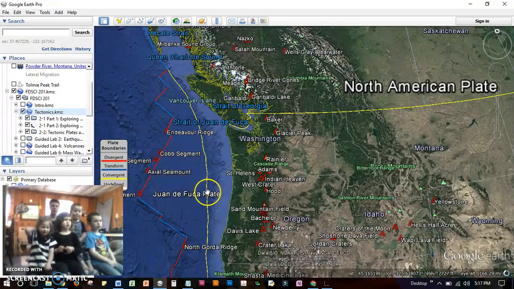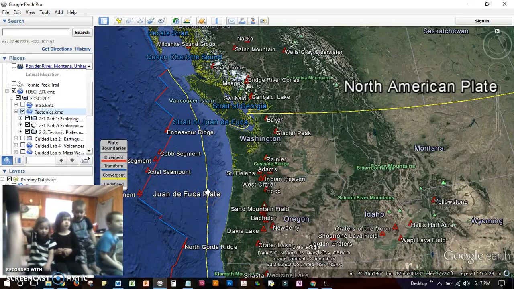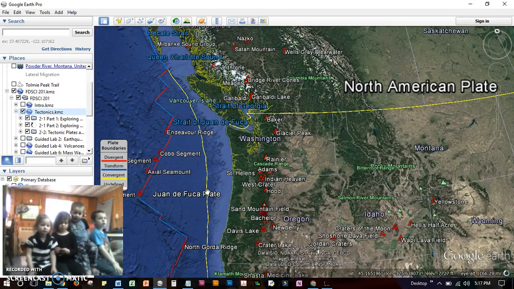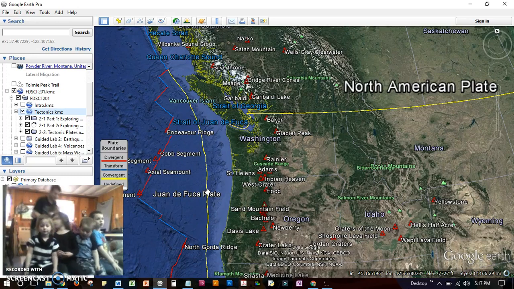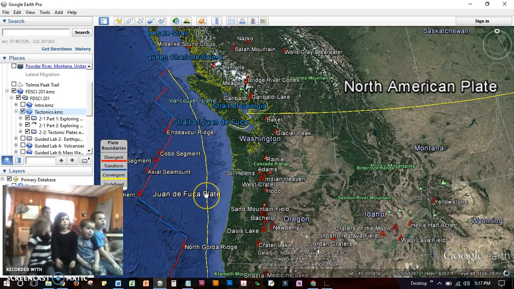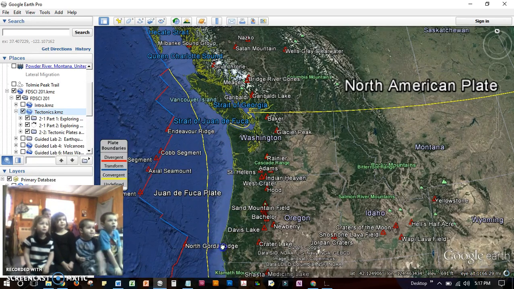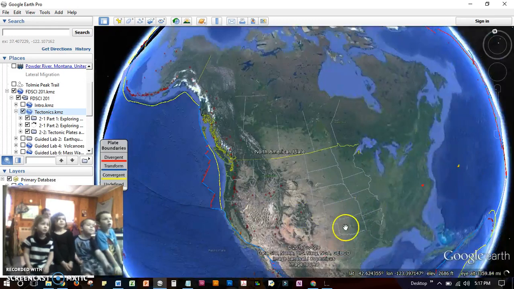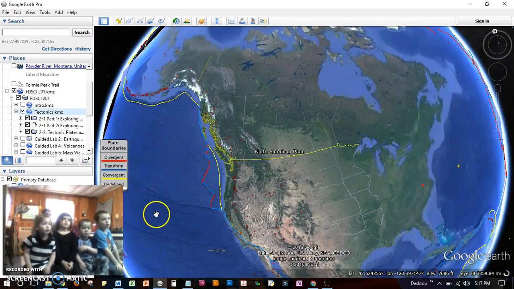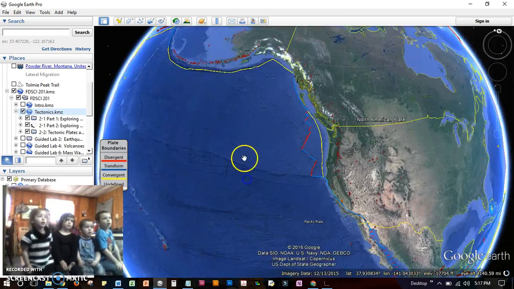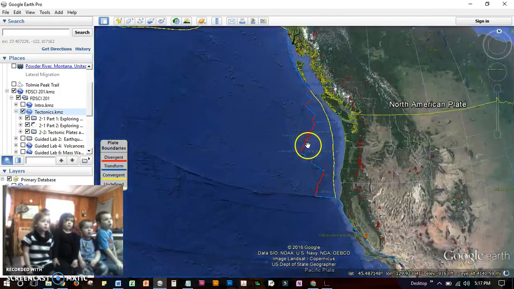Well, all of these lines show where the plates come together. These are like the edges of the puzzle pieces. So we live right here. This big yellow one is the edge of one plate. So this whole thing out here is called the North American plate. And then there's another one out here called the Pacific plate.